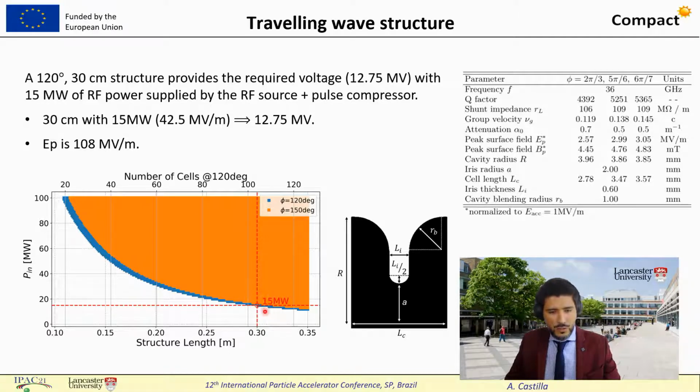So we have chosen a working point of 30 centimeters long with 120 degrees phase advance that can give us, for the 15 megawatts that we can obtain with our combined scheme of pulse compressor and the RF source that we have developed, the desired linearizing voltage.